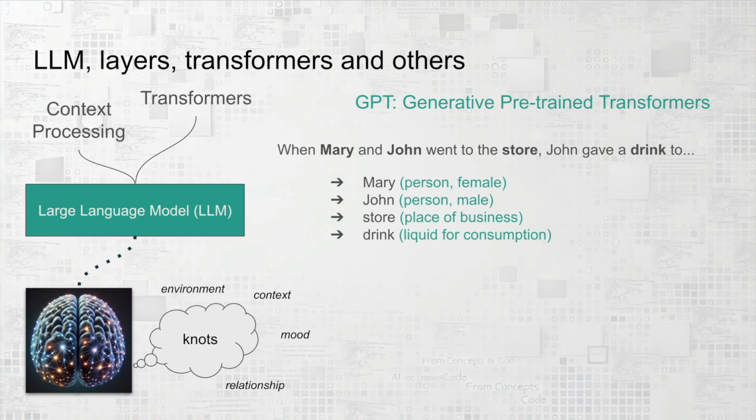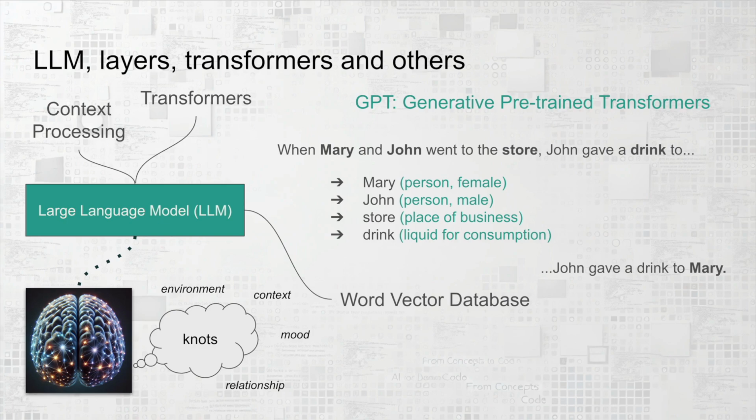So when the model sees this input, it uses these tags to figure out what's likely to come next. That's the key task of an LLM, predicting the next word in a sequence, given the context of what came before. And to do that, it uses a huge database of words and all their possible relationships.